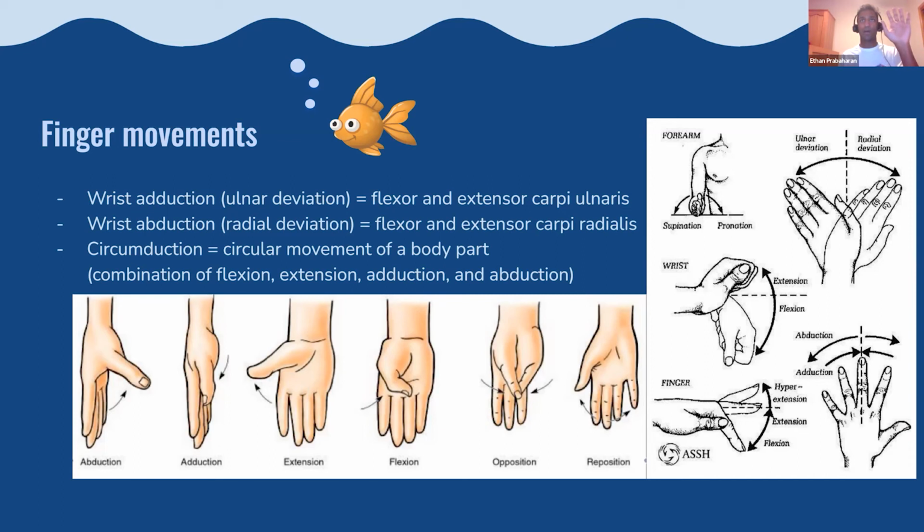Opposition and reposition. Opposition just means when you touch your fingers together, that movement is not really in any particular plane. We call that opposition, and reposition is the opposite. So move them together, that's opposition, and away is reposition. But the key thing with the thumb is, can you tell the difference between flexion and extension and abduction and adduction?